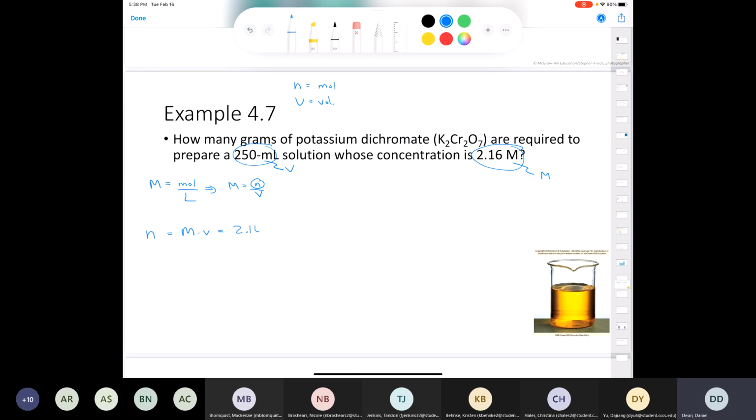Let's put in some numbers. I have 2.16 molar, which is moles per liter, and I'm going to multiply that by my volume, which is 250 milliliters. Now I'm going to do the conversion. Could anybody tell me how many milliliters there are in 1 liter? It's not a trick.